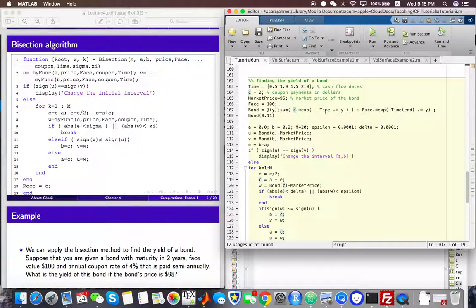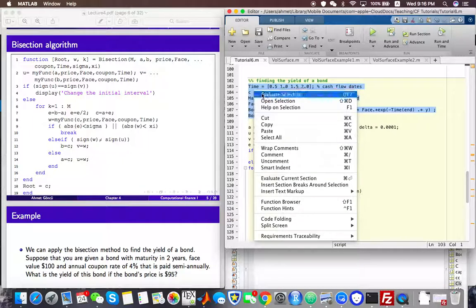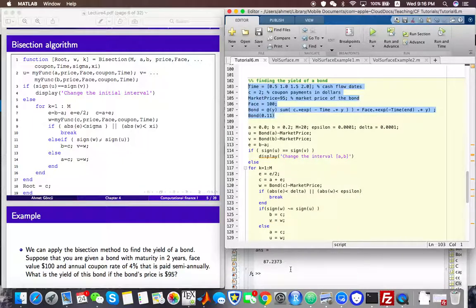We sum all the coupon payments, and we also need to add the last payment, which is the face value of the bond. If we add these two together, we get the present value of this cash flow. As an example, you can evaluate this at some particular values for the yield to see if everything is working.